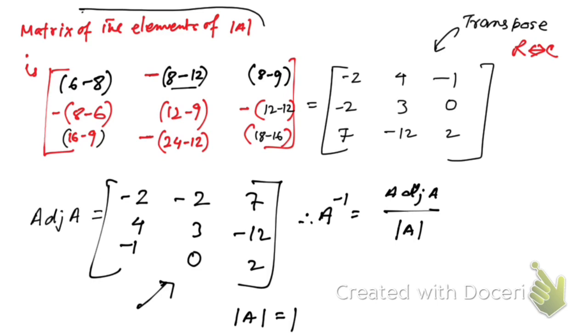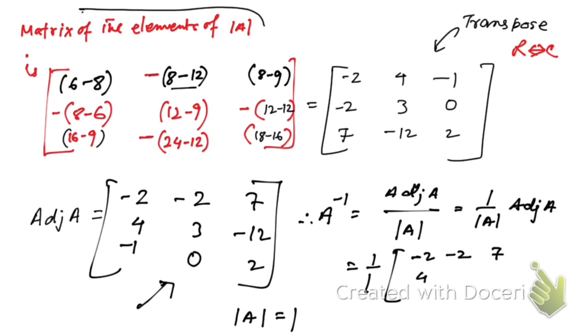You can write this as 1 by determinant of A into adjoint of A. So that means you can write 1 by 1, then adjoint of A. If you take the adjoint of A, that is minus 2, 7, then 4, 3, minus 12, then minus 1, 0, 2.